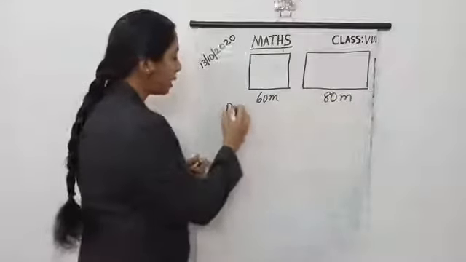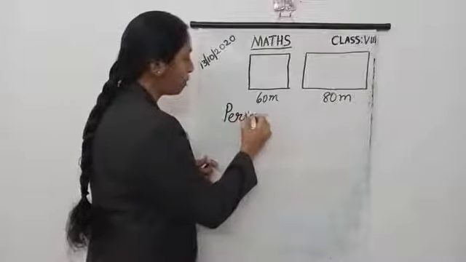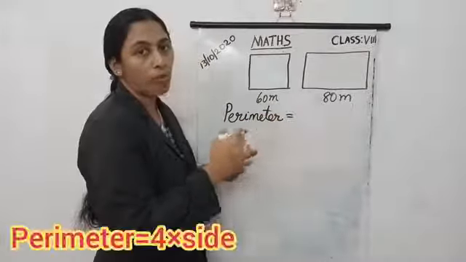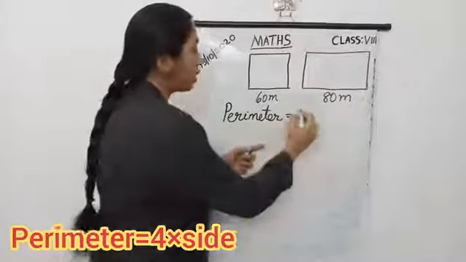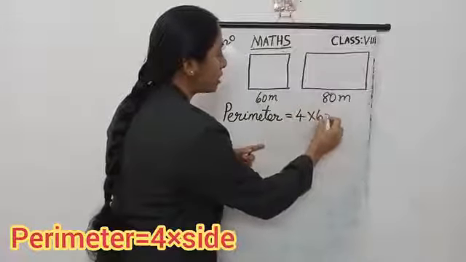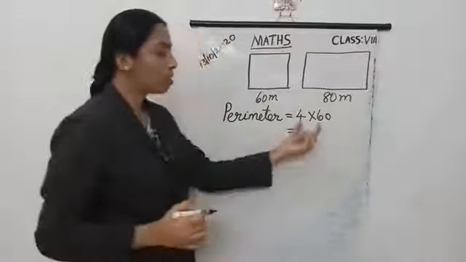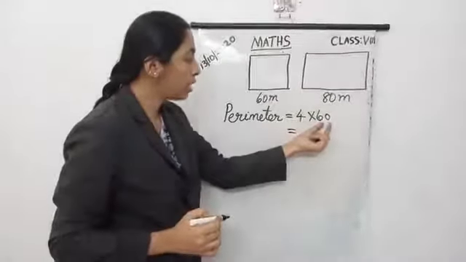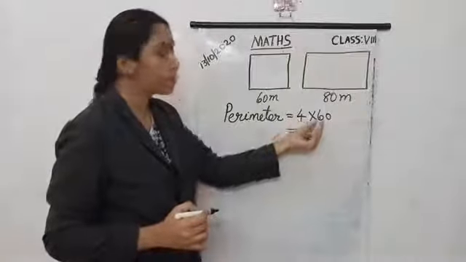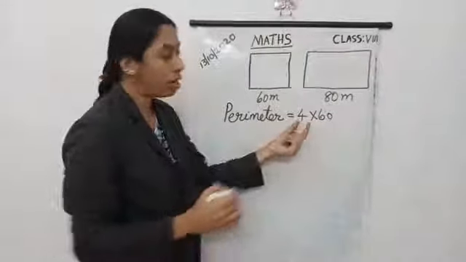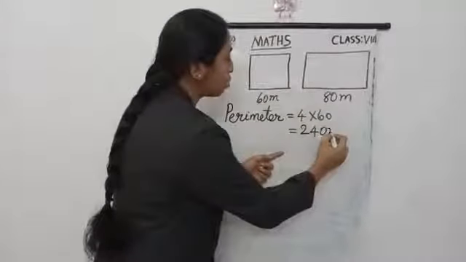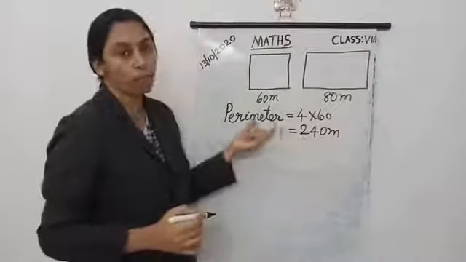Perimeter is equal to, what is the formula? 4 into side. That means 4 into 60. Easy multiplication: 60 into 4. 6 fours are 24. So this is 240 meter perimeter.